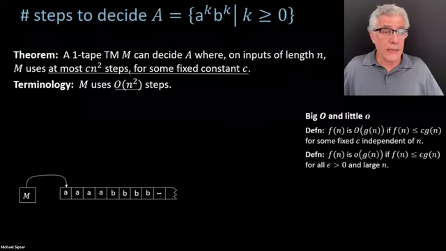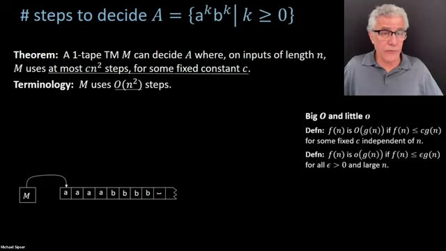Big O is applied to functions. You say f is big O of g, for two functions f and g, basically if f is less than or equal to g, ignoring constant factors. And you say f is little o of g if f is strictly less than g, ignoring constant factors.